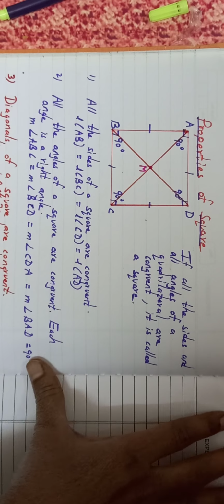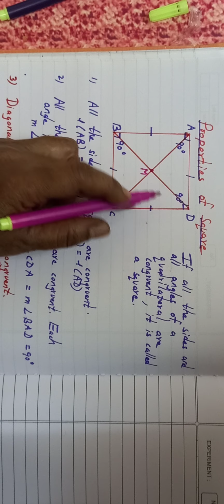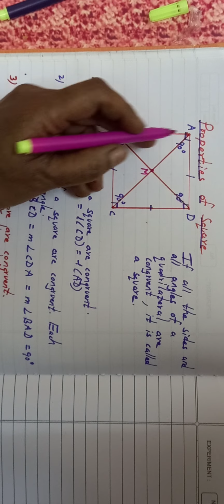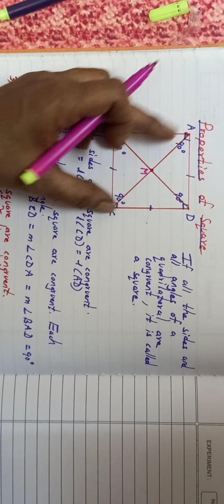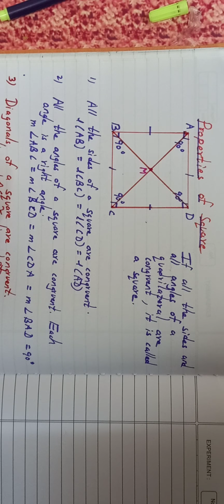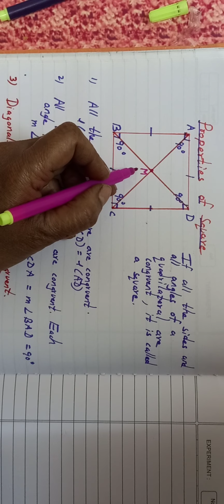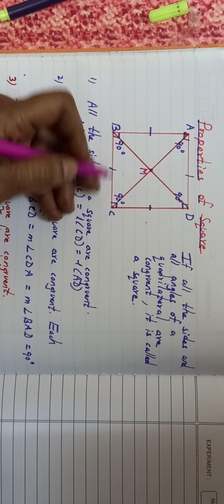So if length of, say, diagonal BD is 6 centimeters, then length of diagonal AC will also be 6 centimeters, and they both are bisected. So AM will be 3 centimeters, MC will be 3 centimeters, BM will be 3 centimeters, and MD will also be 3 centimeters because AC is congruent to BD.